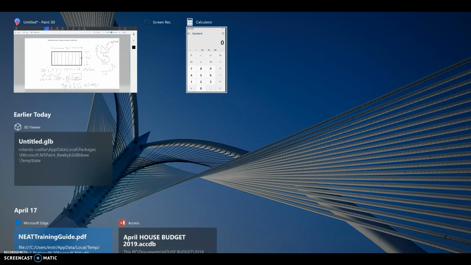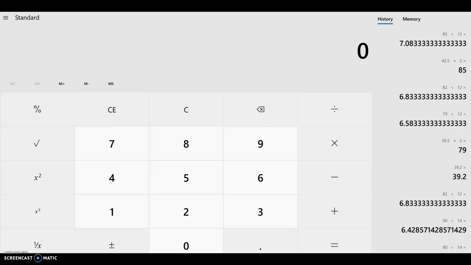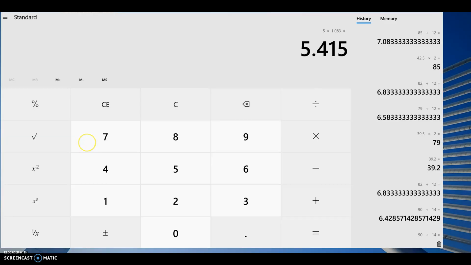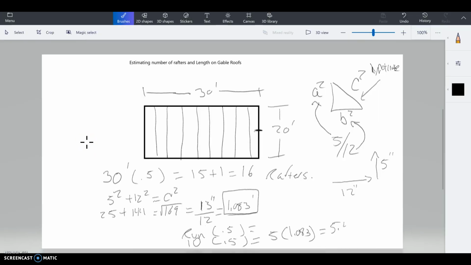So the calculator here, 5 times 1.083 equals 5.415. Which is your theoretical length of your rafter.